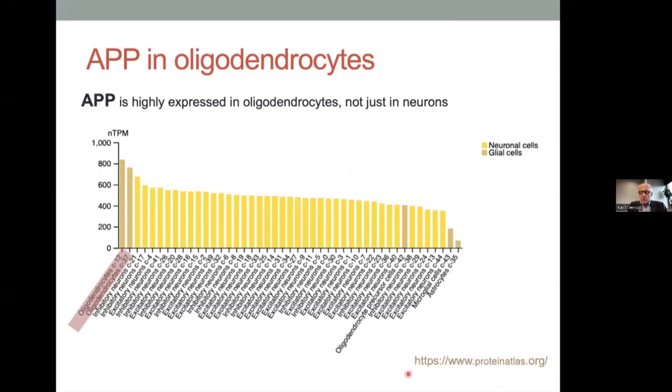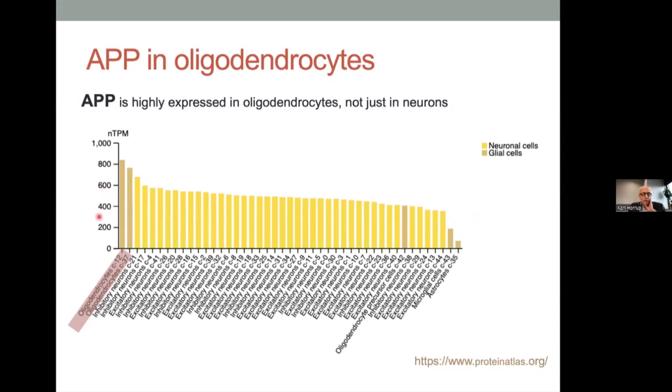Because if you go to the Human Protein Atlas and you look up APP and you sort brain expression, this is now single-cell RNA-seq data, you sort the data based on expression levels, what you'll find is that all the cells of the brain express very high levels of APP.